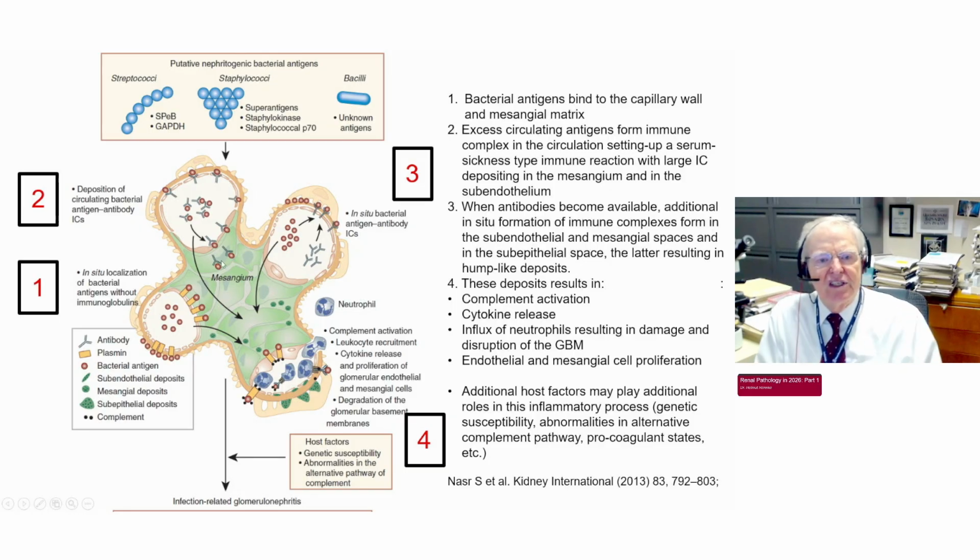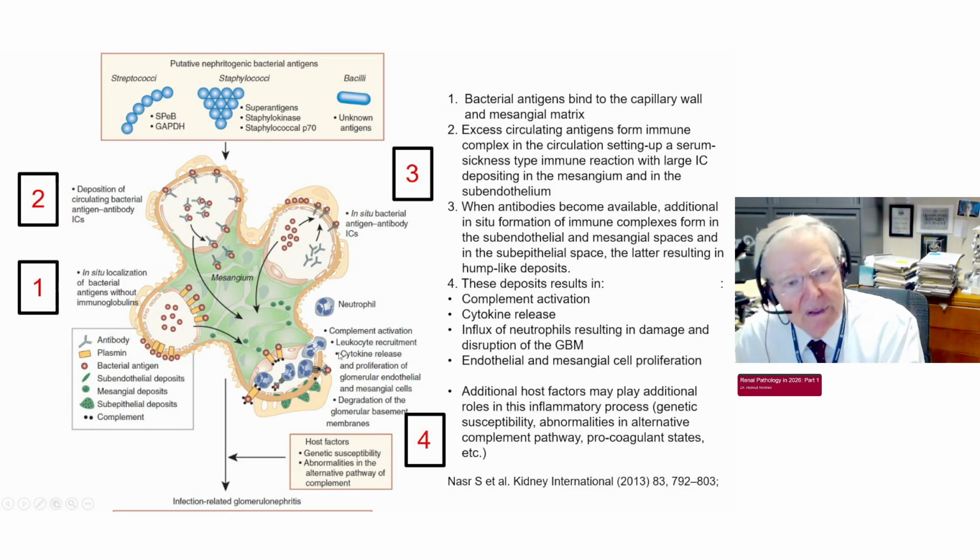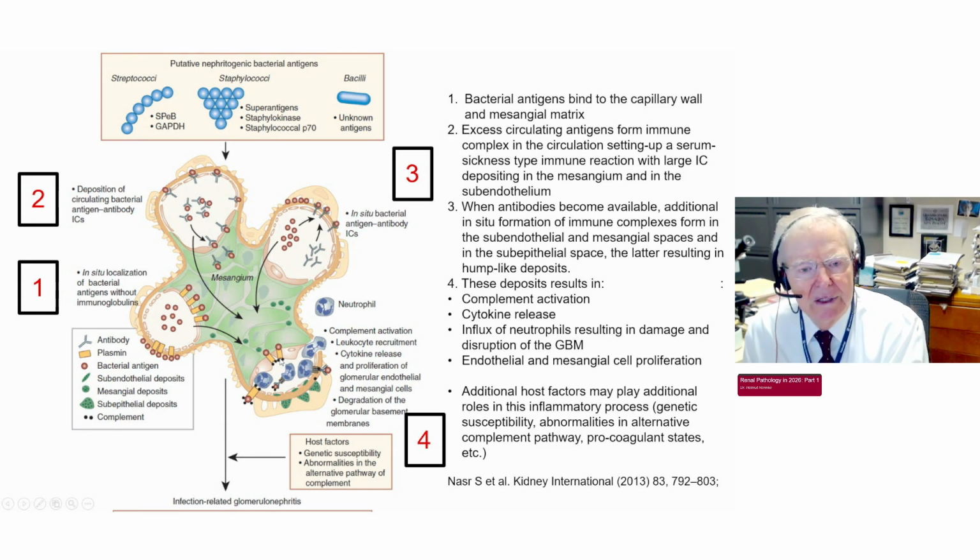This is synthesized very nicely in a relatively recent paper by Nasser, but there are some subsequent iterations of this in other journals in which one emphasizes that at the beginning you have antigens in circulation, eventually antibodies come in, and these immune complexes move mostly to the mesangial and to the subendothelial space, and then later on you have the active inflammation that occurs in these patients.